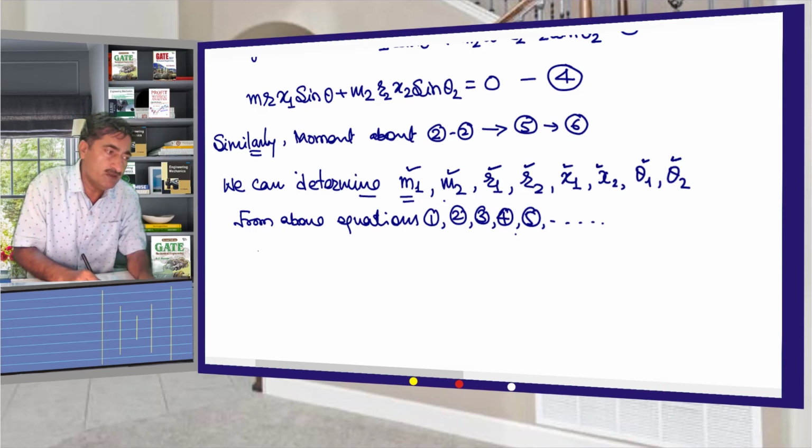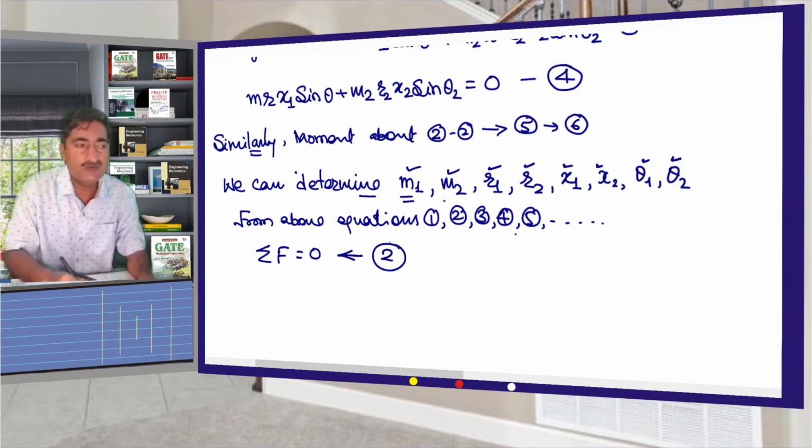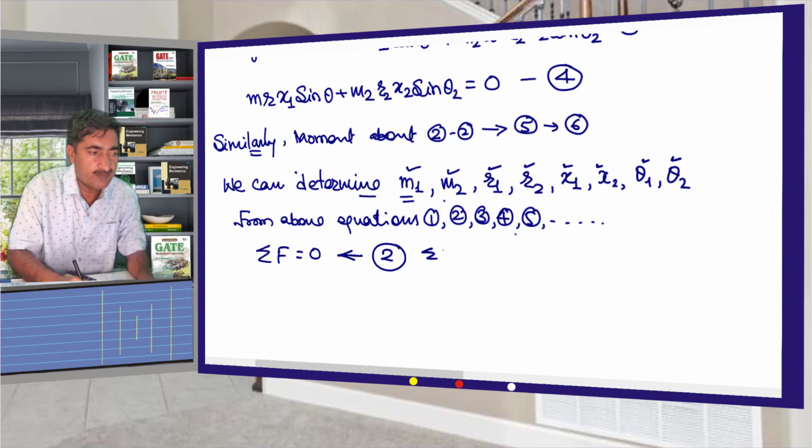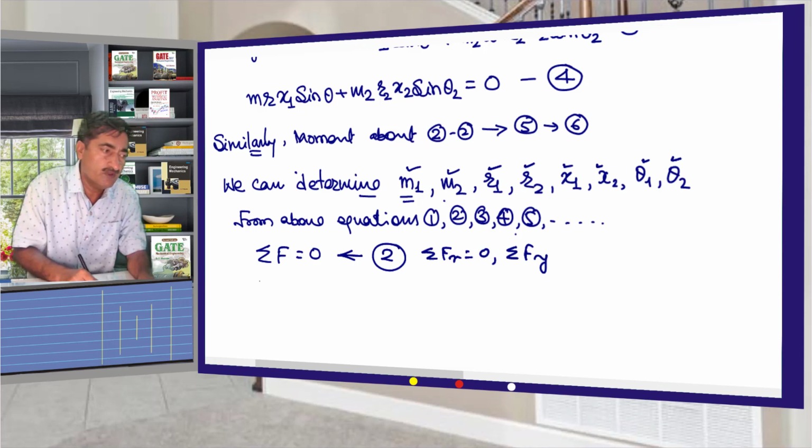Means 2 equations from Fx equal to 0 and Fy equal to 0. Summation M equal to 0, we get 2 equations.